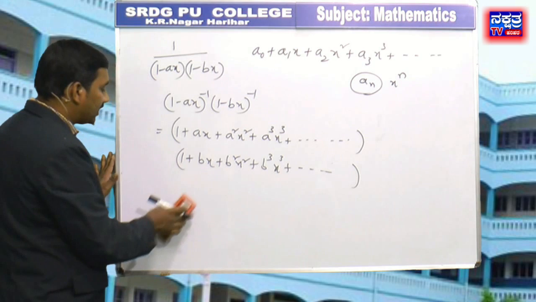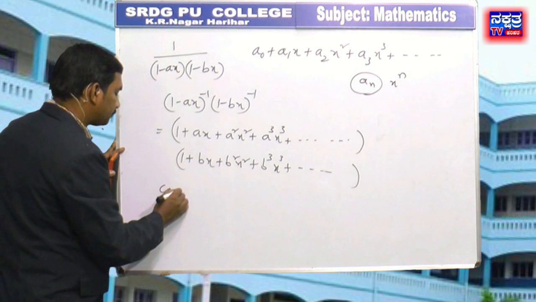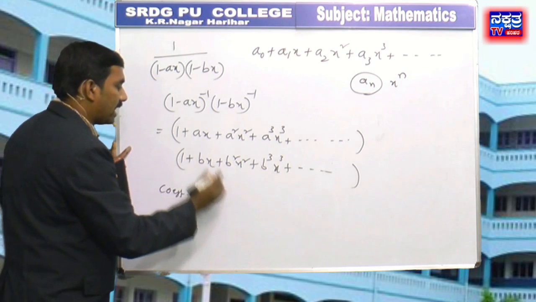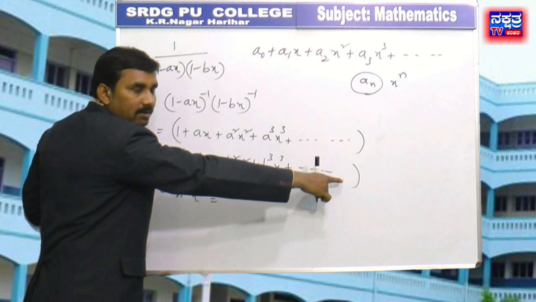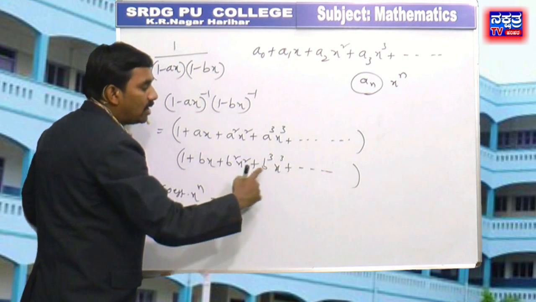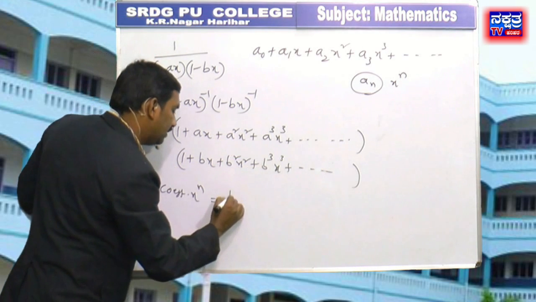So what is the coefficient of x power n? Coefficient of x power n equals: here 1 is there, so multiply with the x power n coefficient in the other term, which is b power n.